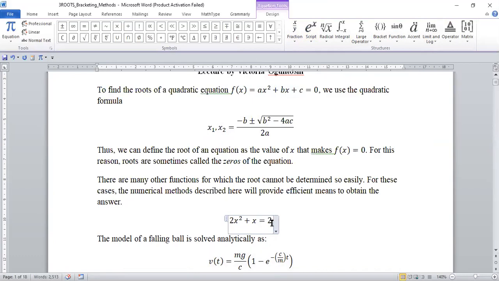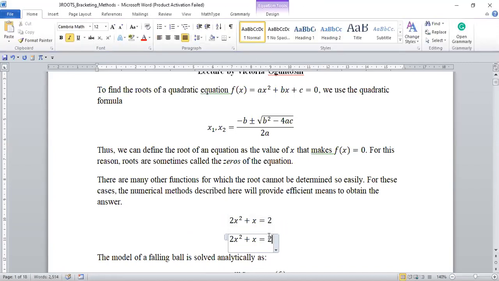If you have this equation and you're asked to find the value of x, you can reduce this equation to finding the root. And how do you do that?